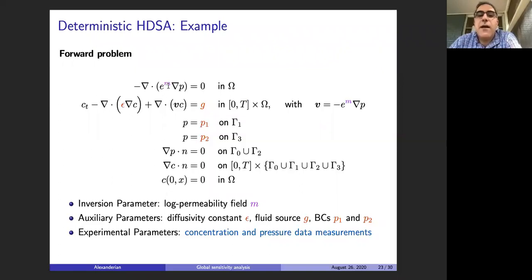And the goal is to estimate the log of the permeability field using measurements of the pressure and concentration. And of course, you have different parameters in this model. You have the source term for the transport equation. You have the boundary conditions for the pressure equation. You have the diffusion constant in the transport equation. These are the ones that we considered in our numerical experiments.